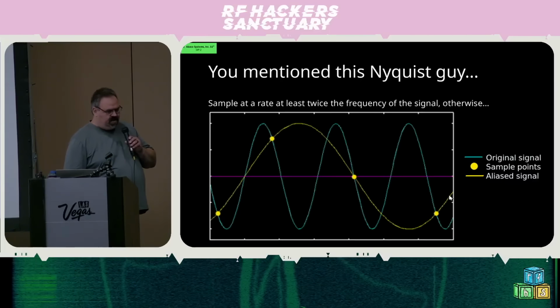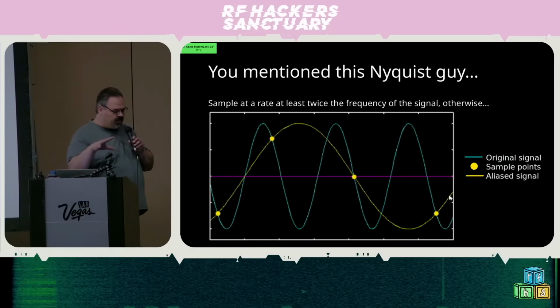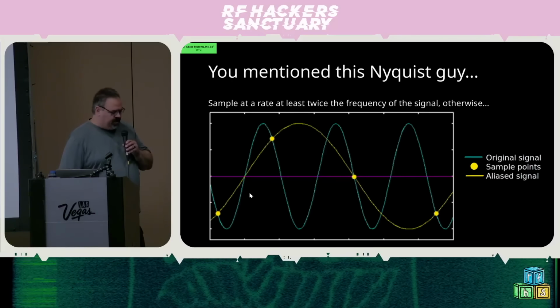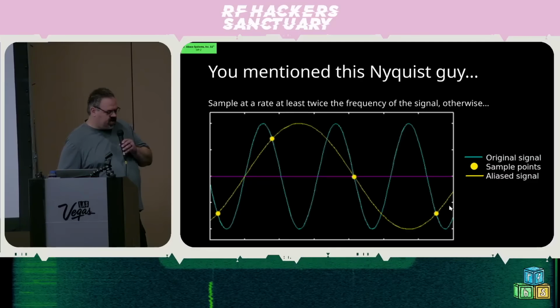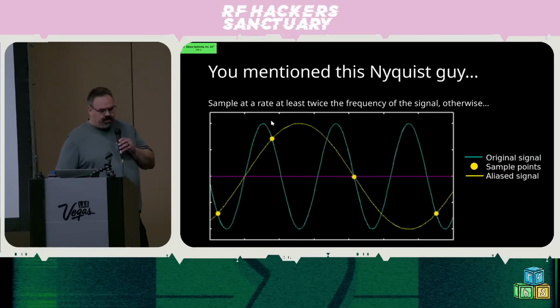That is the aliased signal of this higher frequency signal that's there. So this yellow line doesn't exist. It's an artifact of us having sampled the original signal at too low a rate. If we wanted to capture it properly, if we captured it here, and here, and here, and here, and then here and here, then we would be able to reconstruct this signal properly. Okay.